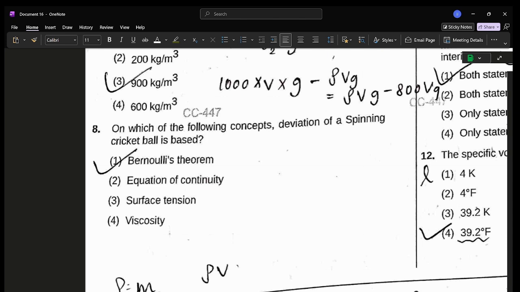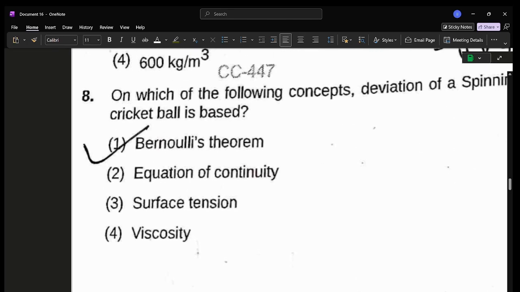Next, when we talk about surface tension, I think this also comes in the question next year, but in general, this means the liquid surface behaves like a stretched membrane.